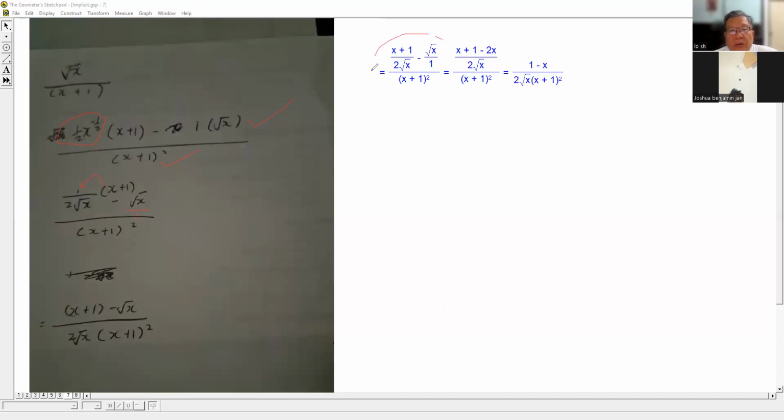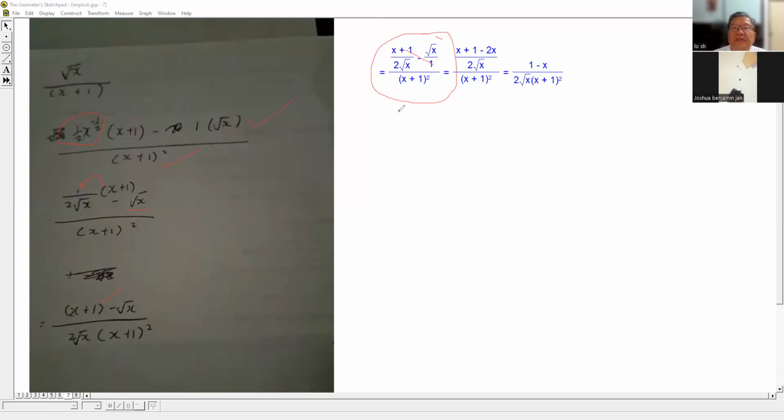So you got this correct. It means that your differentiation is correct. The simplification part, you take this diagonal, multiply. You have x plus 1 multiply with 1, which is x plus 1. This is correct.